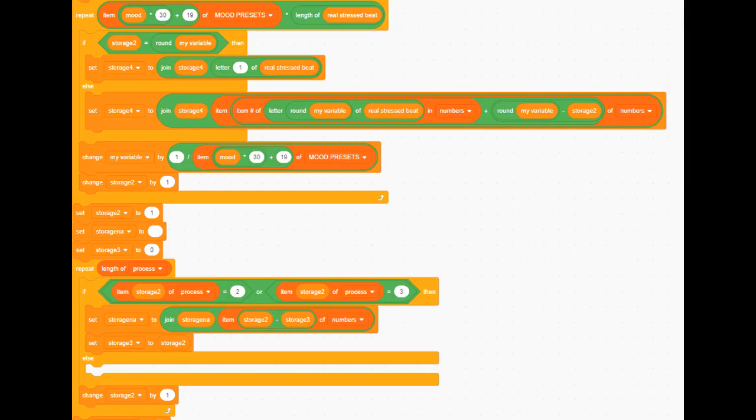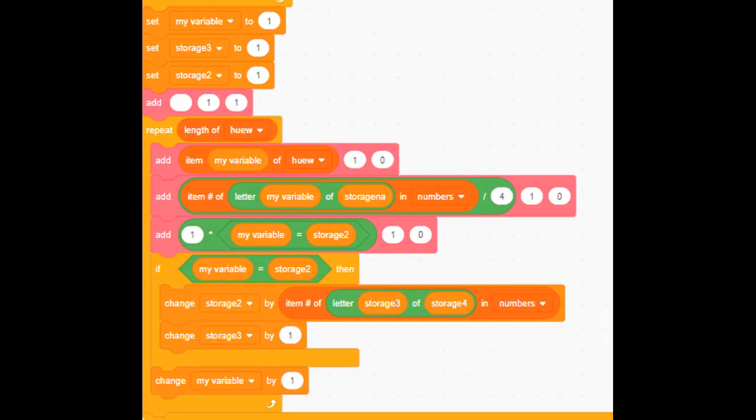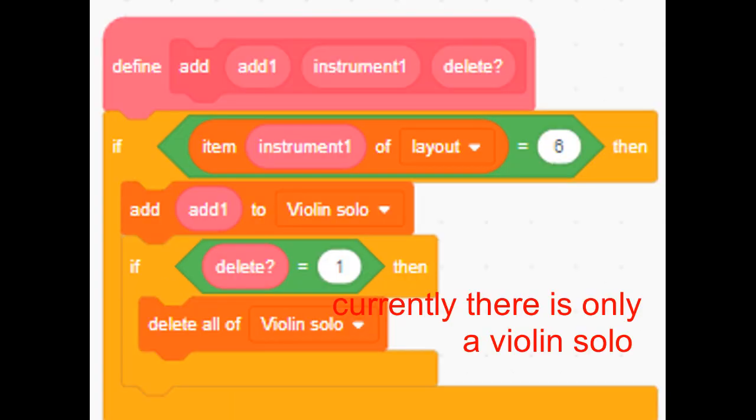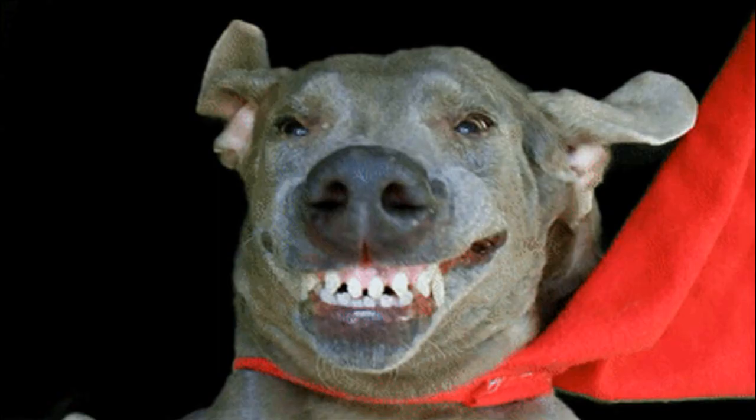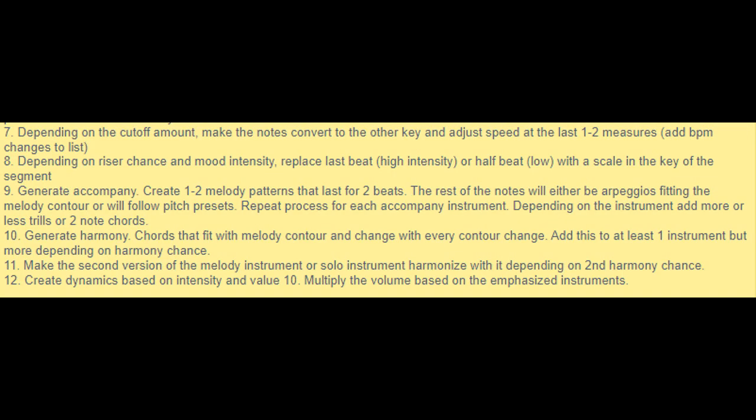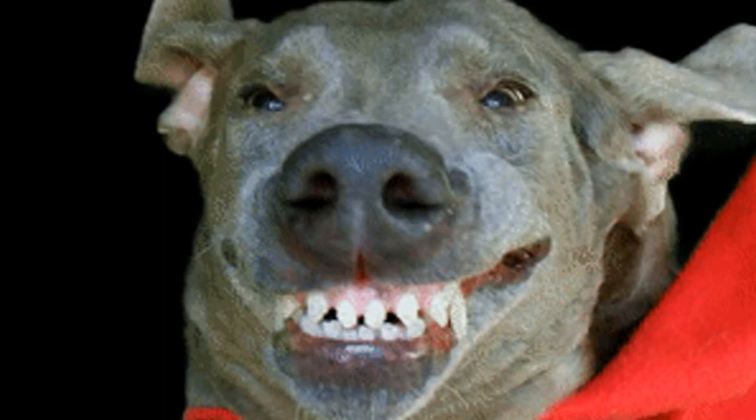Then, based on the tremolo multiplier determined from the mood presets, it would change a fraction of the stressed beats into tremolos. Finally, it would combine the lists of pitches, note lengths, and tremolos, and add them to the melody's instrument. And after that, it would create accompaniments, harmonies, and percussions, but I didn't get to that point yet.